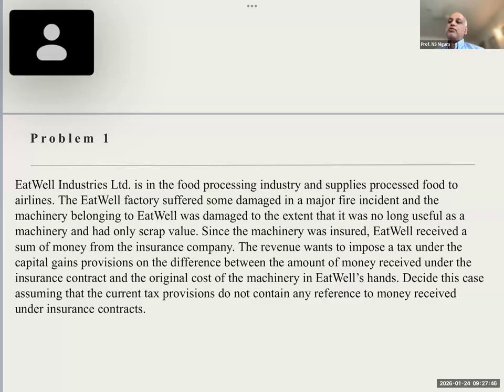The revenue wants to impose a tax under the capital gains provisions on the difference between the amount of money received under the insurance contract and the original cost of the machinery in E12's hands. Decide this case assuming that the current tax provisions do not contain any reference to money received under insurance contracts.